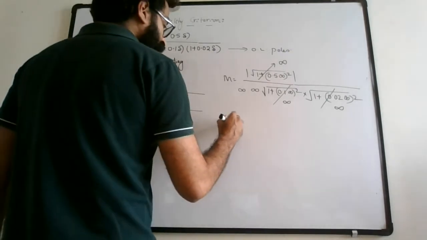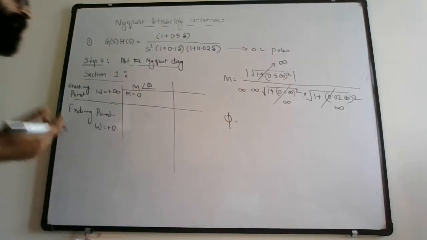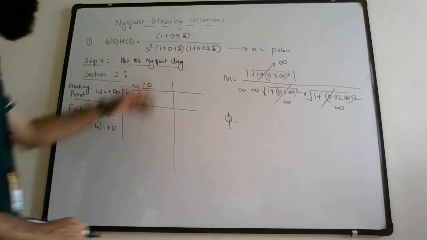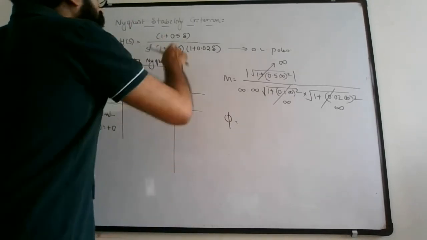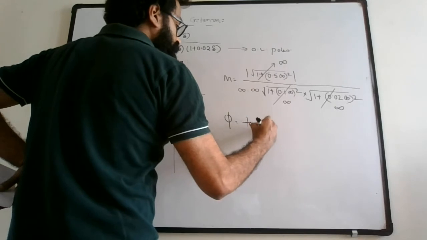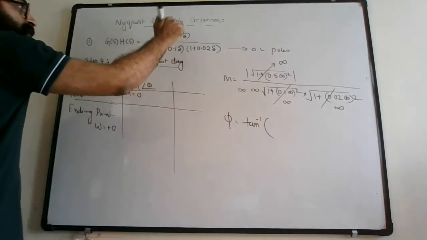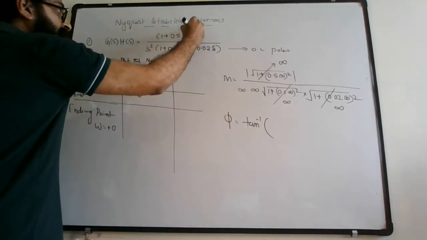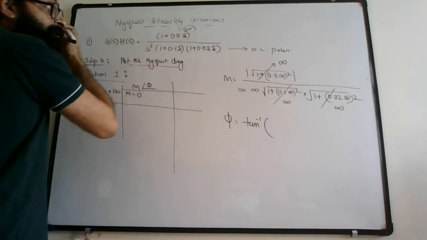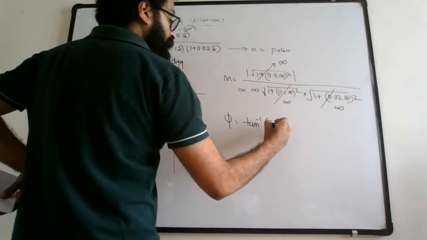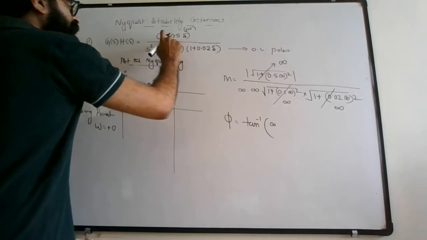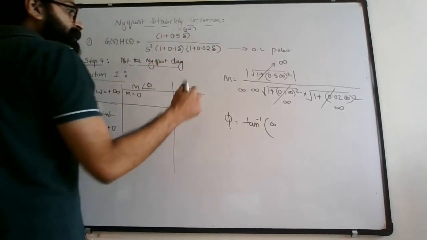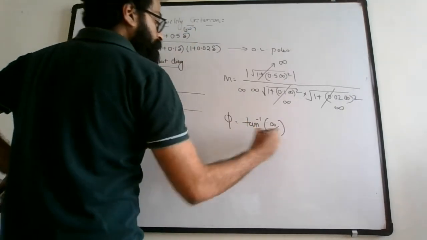And what is the phase angle? So phase angle is pretty easy to find out. It is tan inverse of imaginary by real part. S is basically you will take as j omega. So imaginary part is infinity, that is 0.5 into infinity becomes infinity divided by 1.